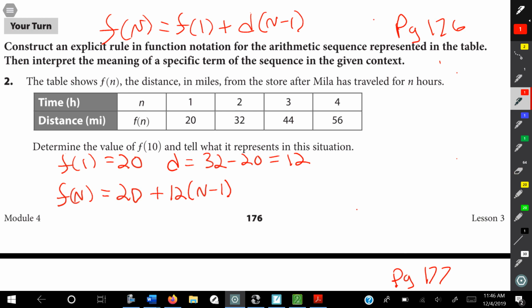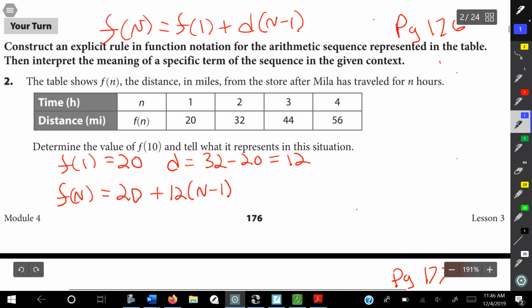Okay, so we've written the explicit rule. Now we want to determine the value for f of 10. So I'm going to change colors on that. In order to find f of 10, all that means is we're going to plug in 10 for n.